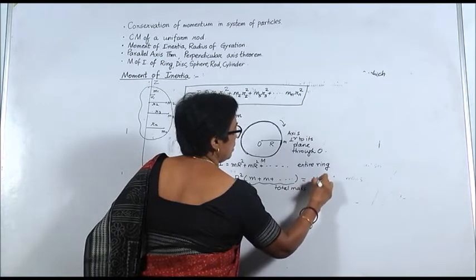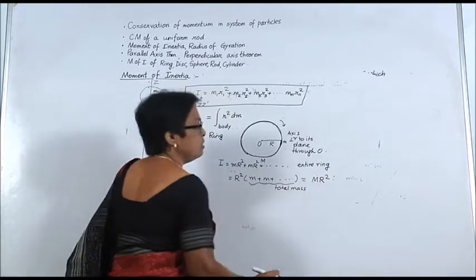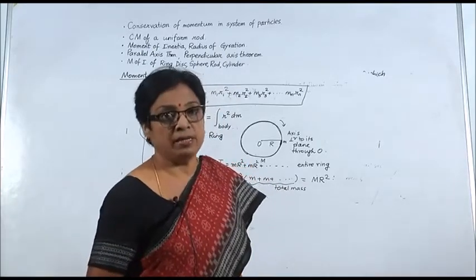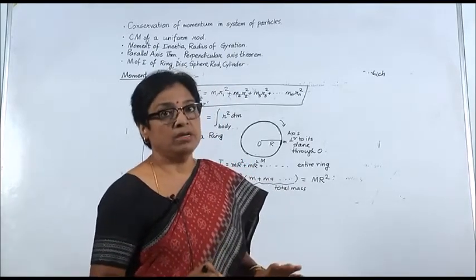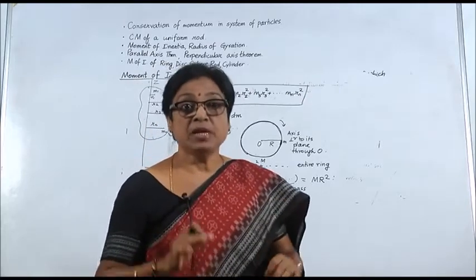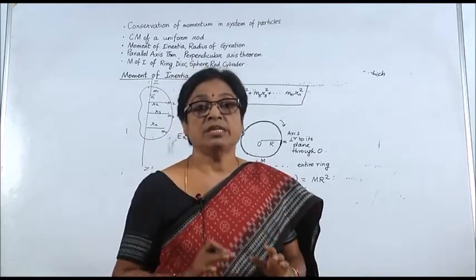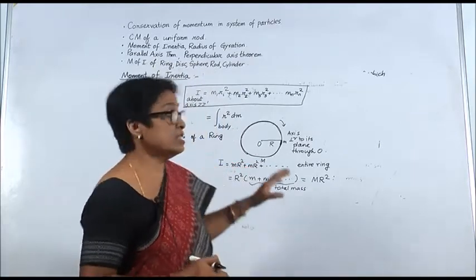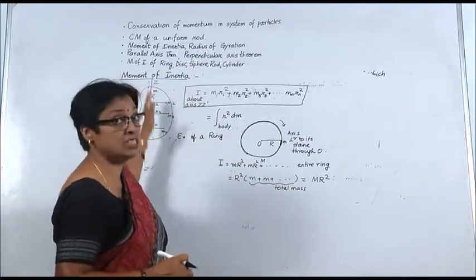So, for a ring, the moment of inertia about an axis passing through its center and perpendicular to its plane is m r square. See, be careful, if the axis of rotation changes, then the moment of inertia will change, because the distances are measured from the axis of rotation.